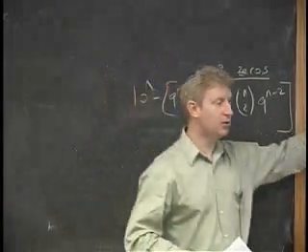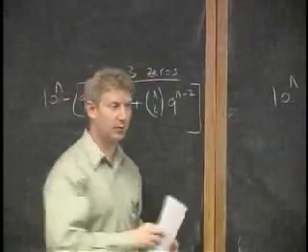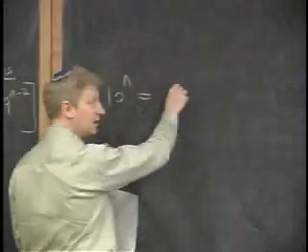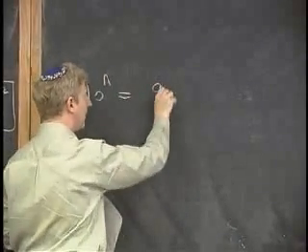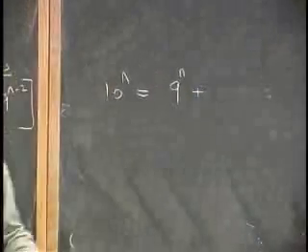Base 10 numbers can be divided up into the ones that have no zeros. What's that? The ones that have no zeros? 9 to the n. No zeros. The ones that have 1 zero.